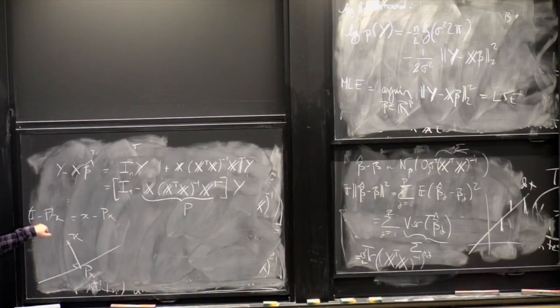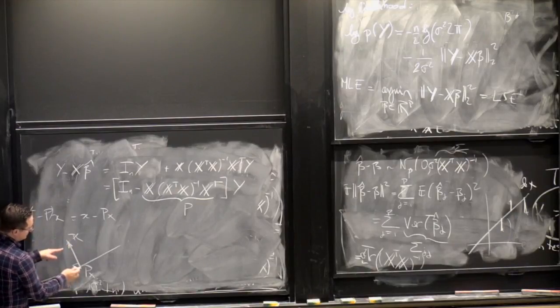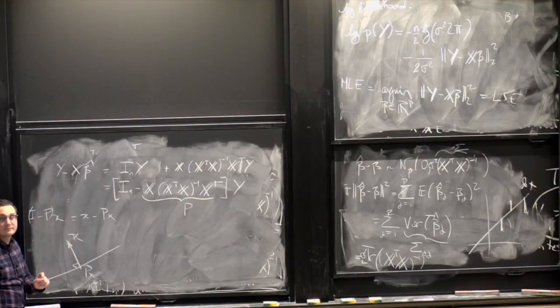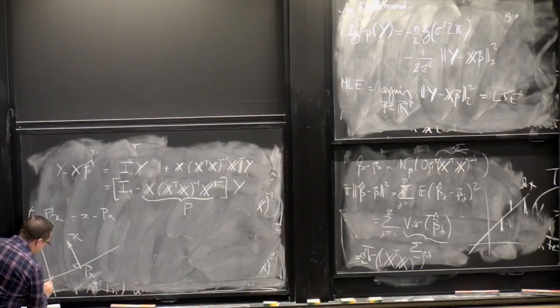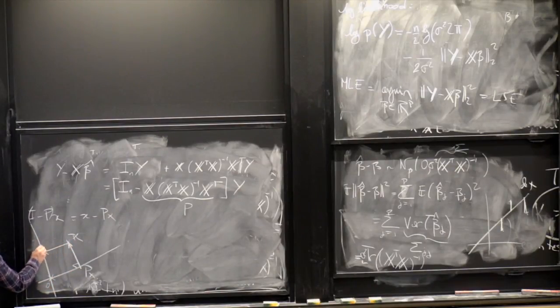And so this operator, I minus P, gives me this vector here, x minus Px. Let's say this is 0. I can report this vector here, and that's the orthogonal projection of x onto the orthogonal complement of the span of the columns of X. So if I look at x minus its projection, I'm basically projecting onto two orthogonal spaces.